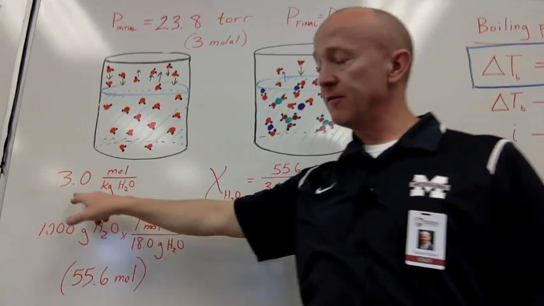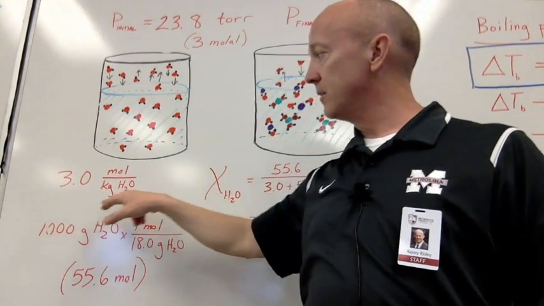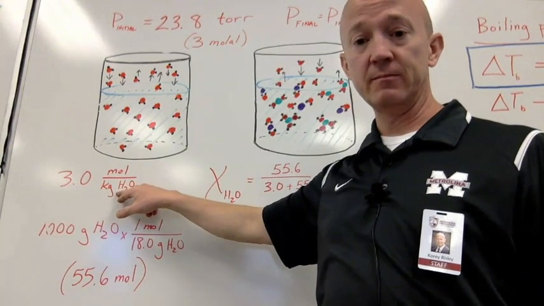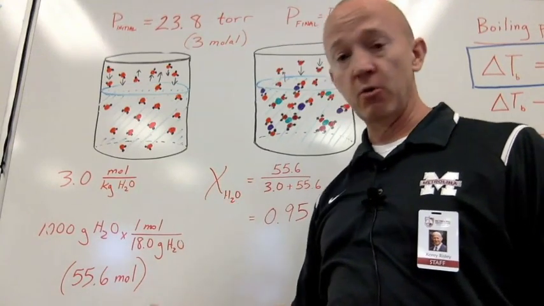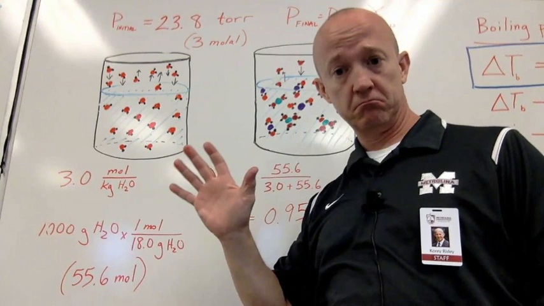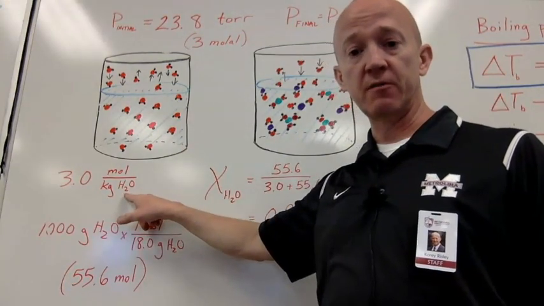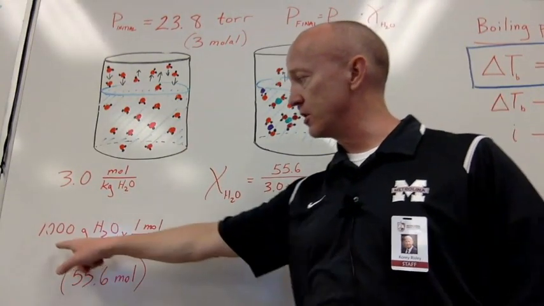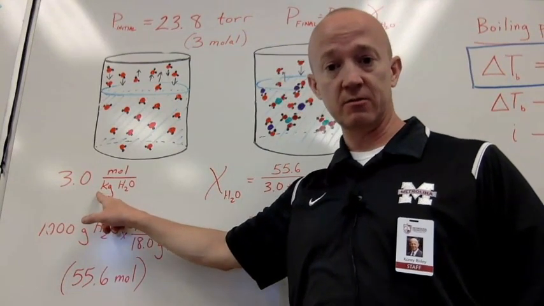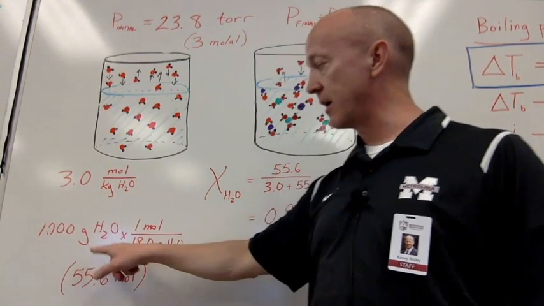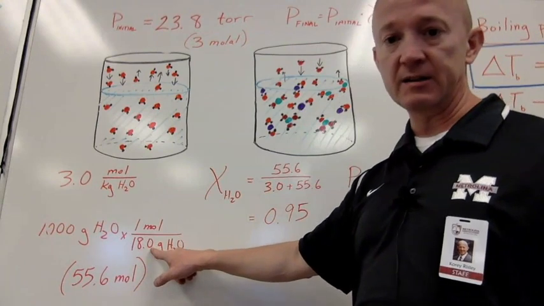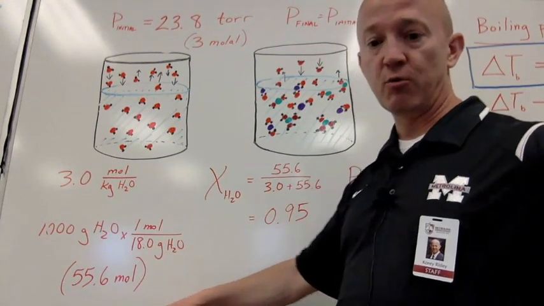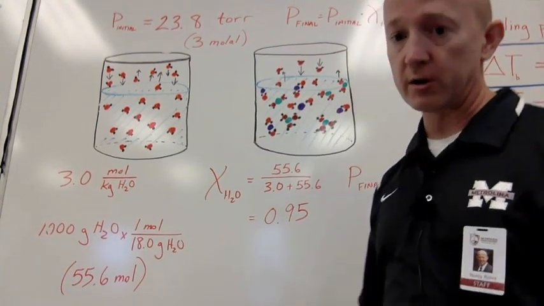So if it's a molality of 3 moles per kilogram, of course we have 3 moles of solute in there. All right, how many moles of water do we have? Well, all we do is we take 1,000 grams in 1 kilogram, 1,000 grams of water, we divide by 18, and we get 55.6 moles of water.